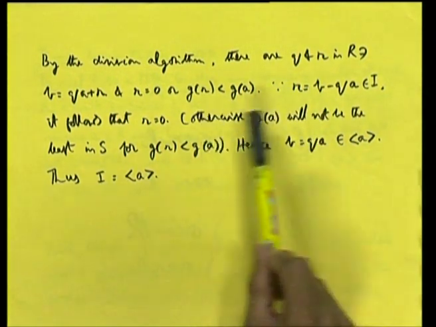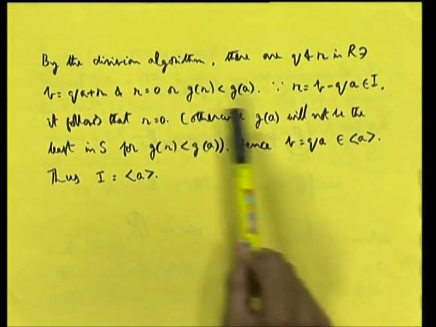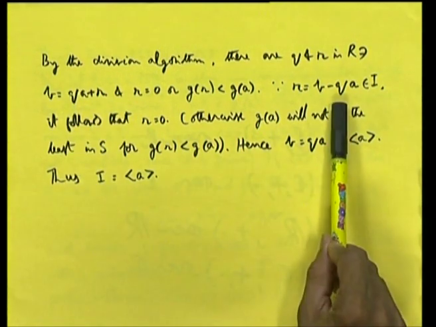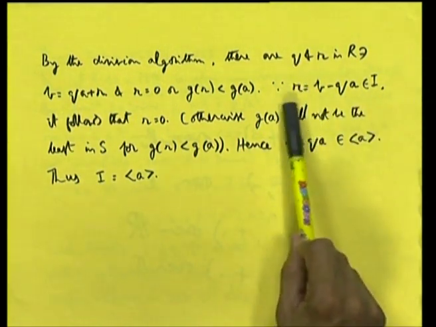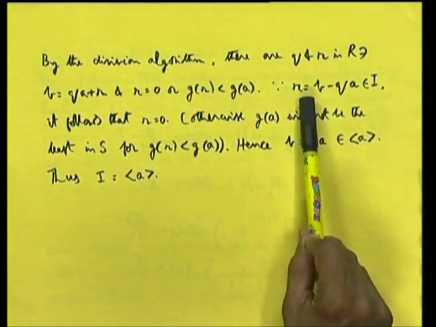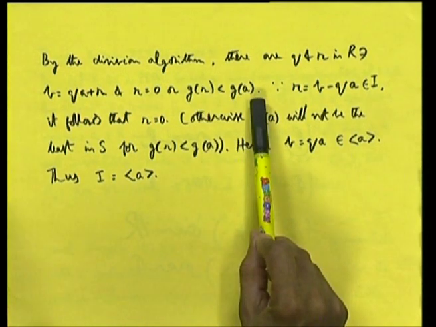And from here, if r is not equal to 0, then we have r is equal to b minus qa, and this small r is coming from capital I, and if r is non-zero, we have g of r is less than g of a.